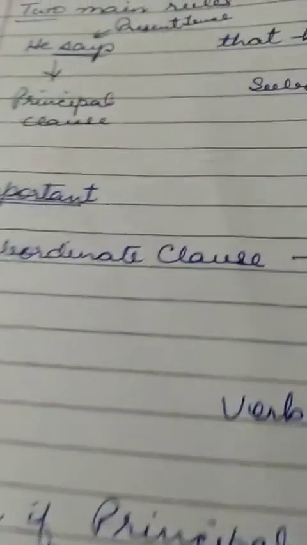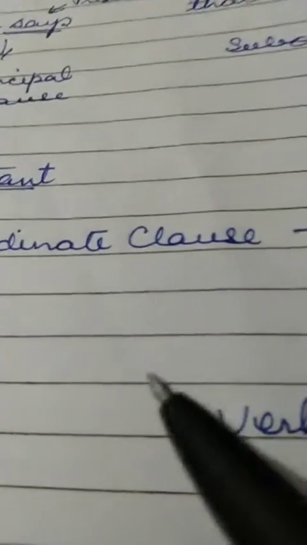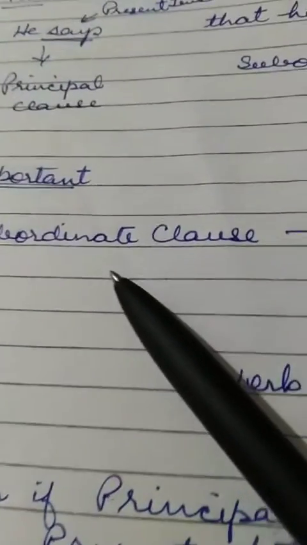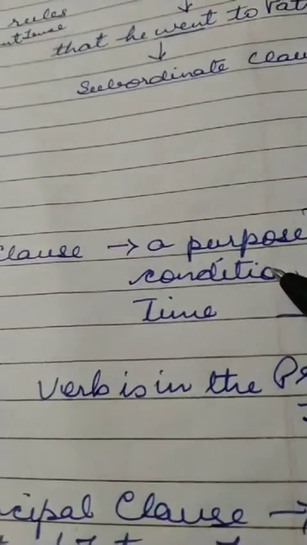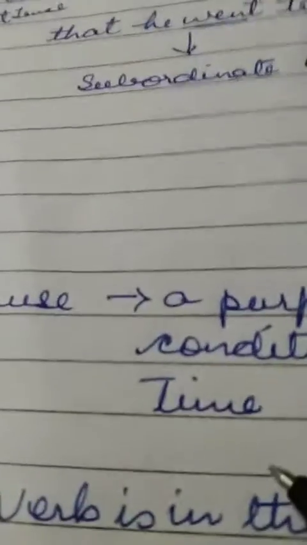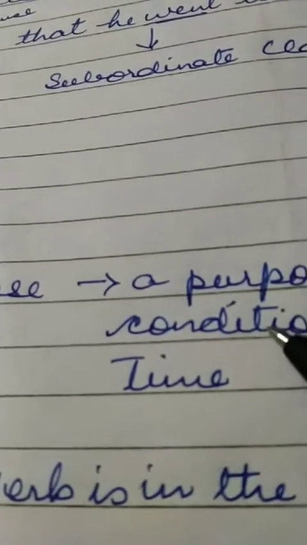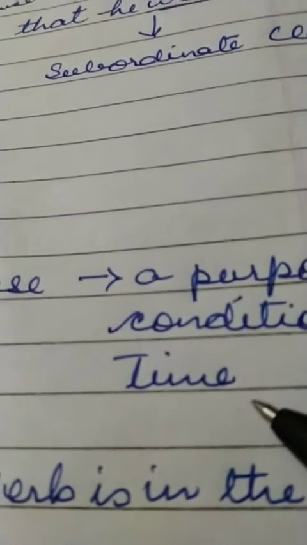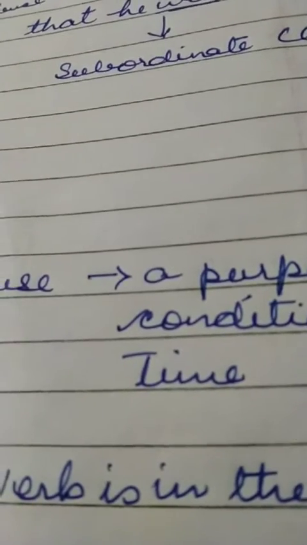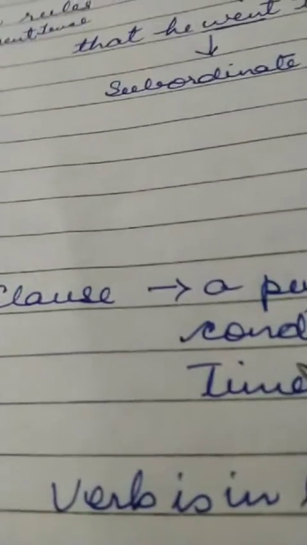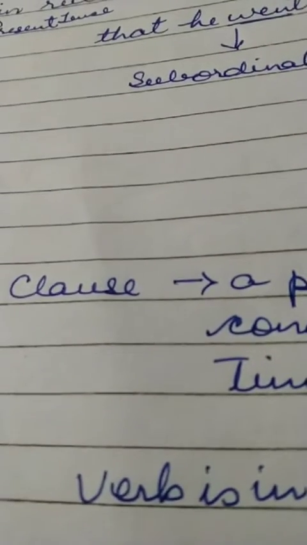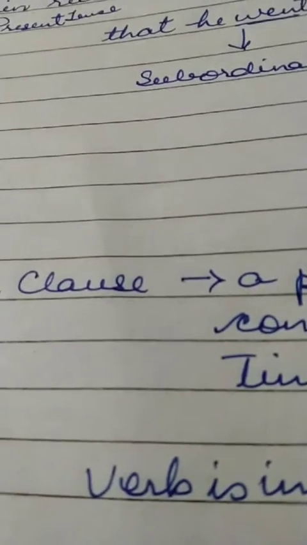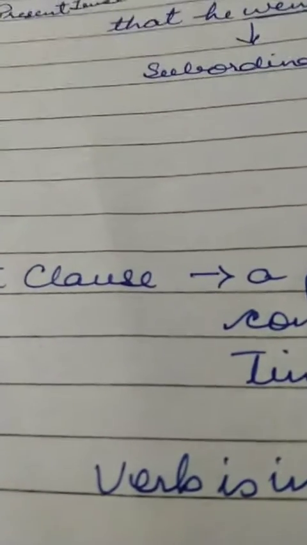Now here you will find that whenever a subordinate clause expresses a purpose, a condition or a time, then the verb is always in the present tense, even if the verb in the principal clause is in the present or future tense.